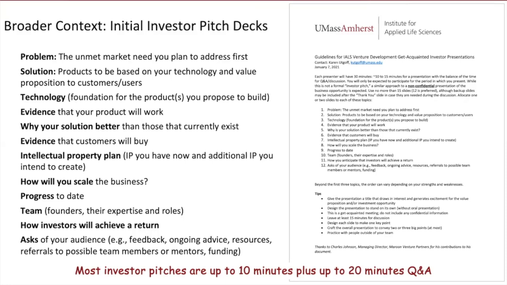It's a National Science Foundation program that trains researchers to go out and talk to potential customers in an unbiased way to really gather that evidence. Your intellectual property plan, how will you scale the business or the venture or the enterprise? Business is broadly construed here. So think about that.